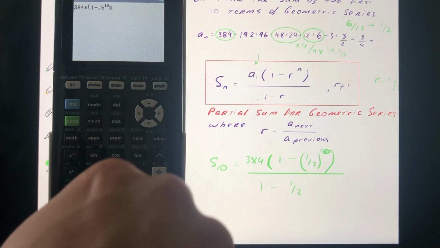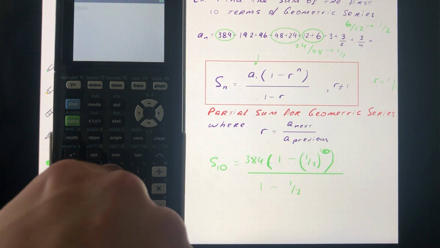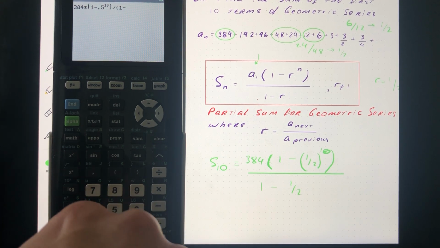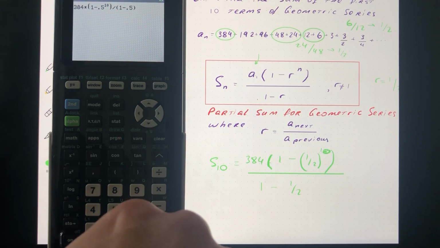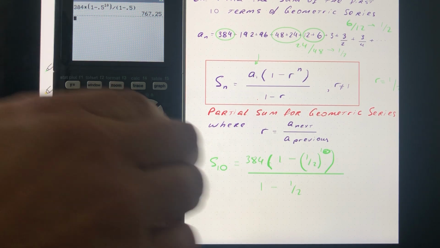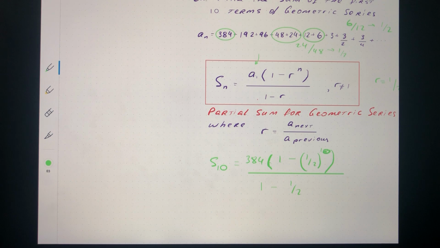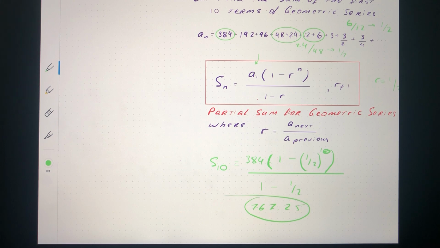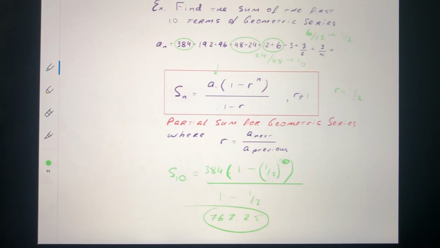And then we have divided by, in parentheses, 1 minus half, and press enter. This is the answer, 767.25. So our answer is 767.25. And that's the end for how to compute the partial sum of a geometric series.